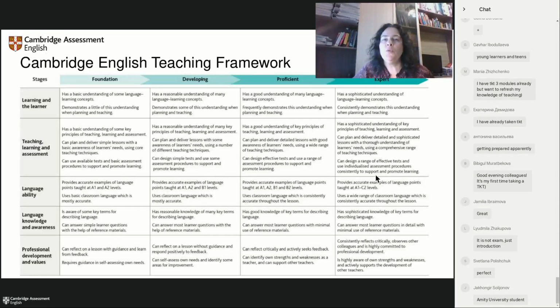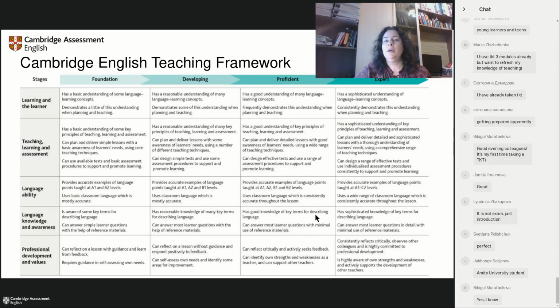Of course, there is an overlap between the areas, as you can see. If you understand your learners' needs well, that will affect your teaching greatly. And of course, you can deliver more detailed lessons depending on your degree of understanding of the principles.